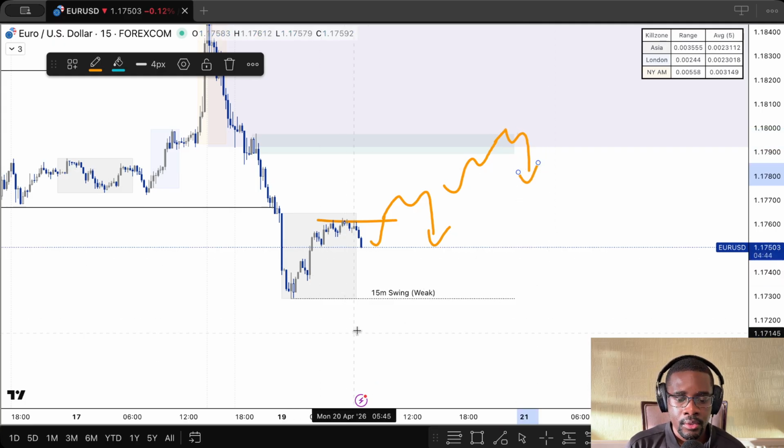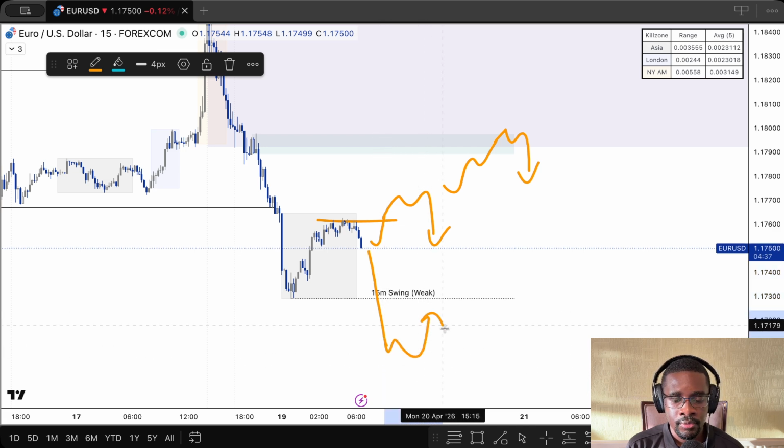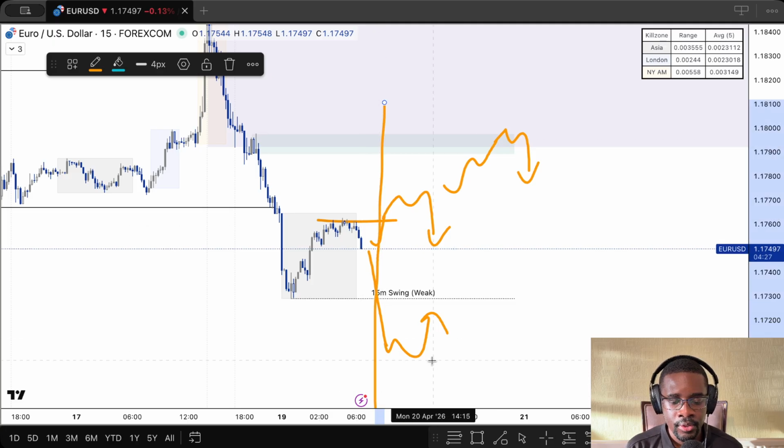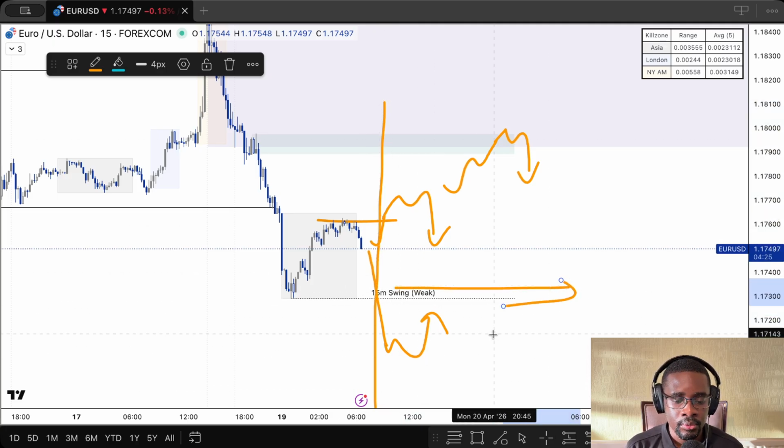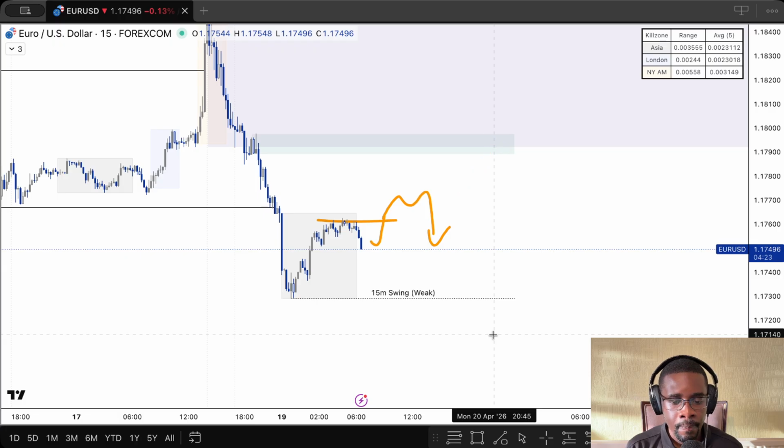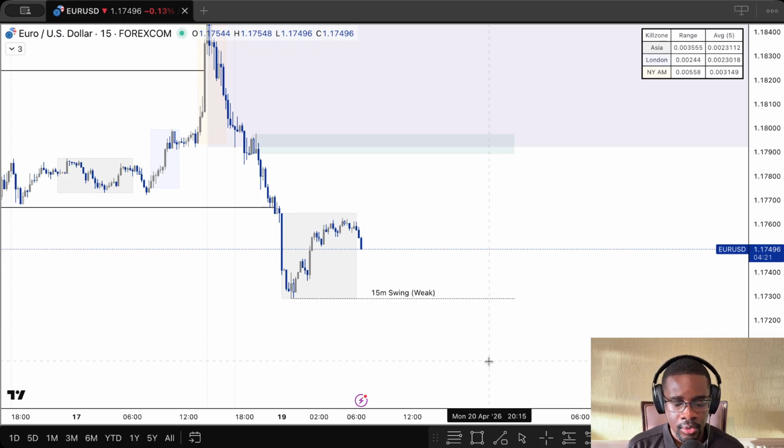Okay, otherwise it could just continue, and then maybe afterwards have a reaction bullish. So these will be the scenarios that I may be waiting for, and then see how price develops as we approach into our key time window at 8 onwards. Okay, all right, so that's for the Euro USD.